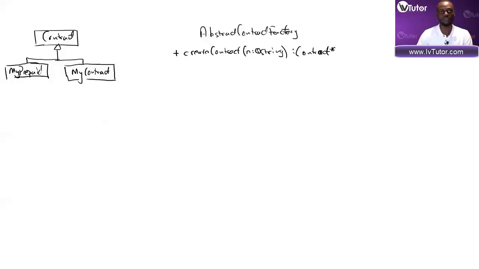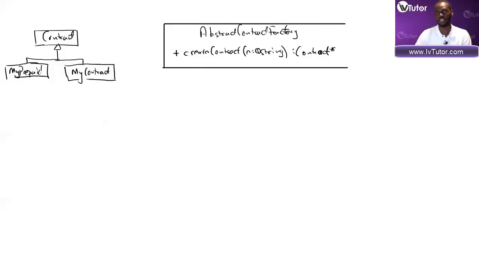So this then becomes my abstract class, which is sitting here with my function sitting here. And obviously there are no data members, so there's nothing in this top section here, right?